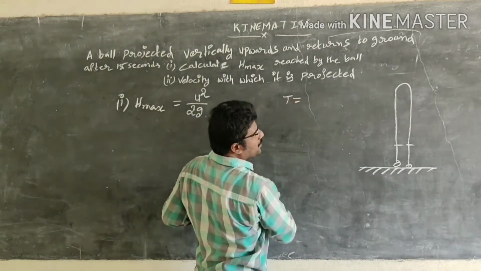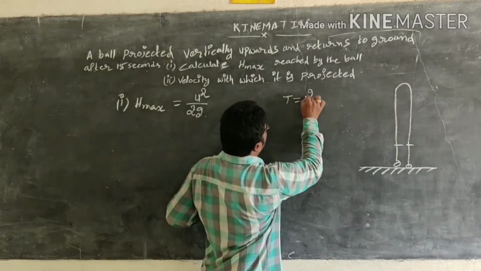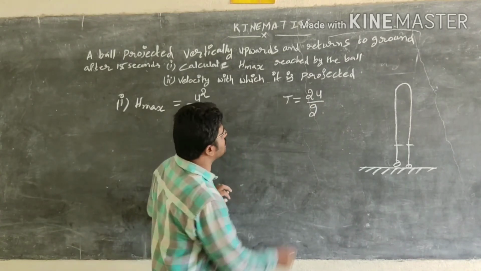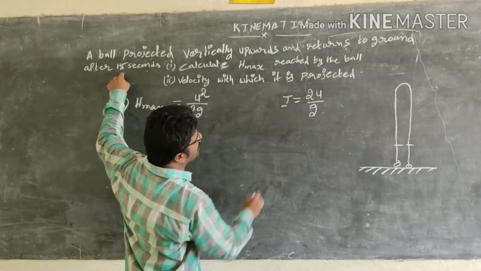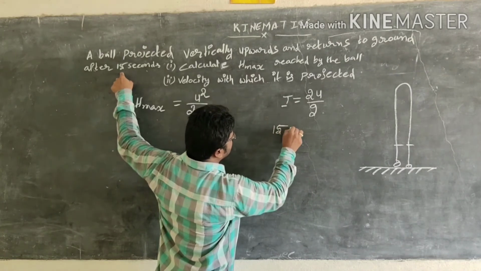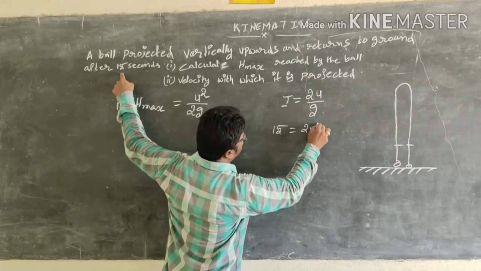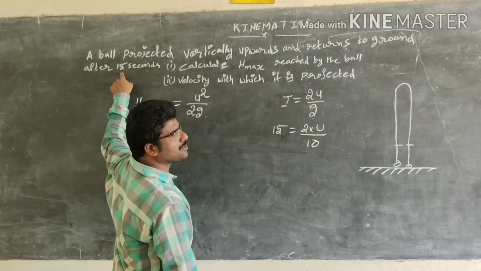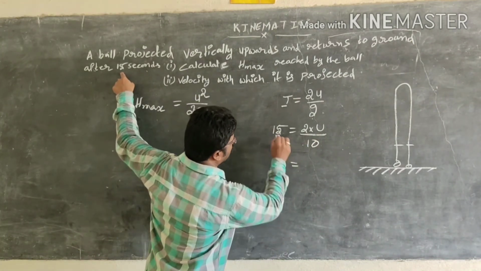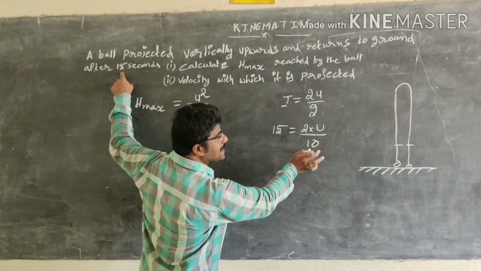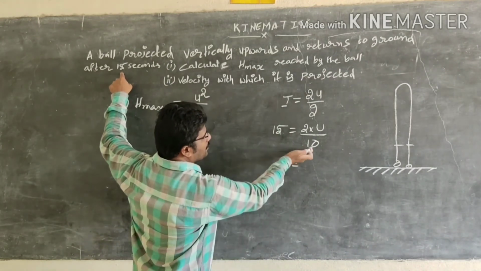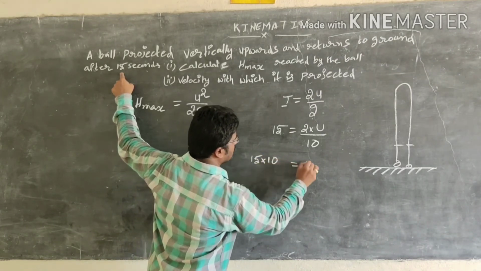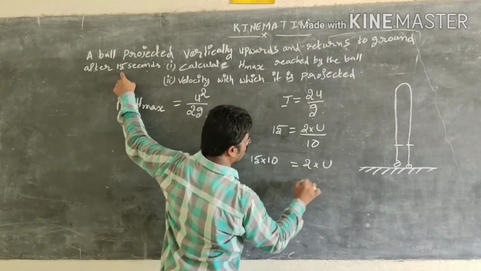What is the formula for time of flight? Time of flight is 2u by g. T is given, 15 seconds. So 15 equals 2 into u by g. For simplicity, we are going to take g as 10. So 15 equals 2u by 10. Here it is dividing; when we bring it to this side, it becomes multiply. 15 into 10 equals 2 into u.